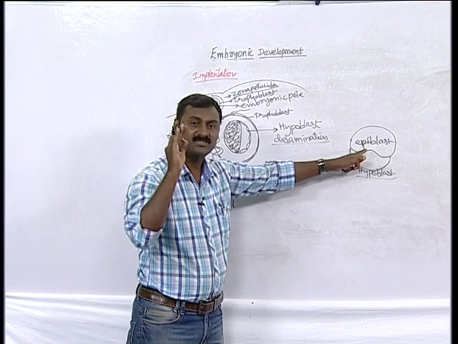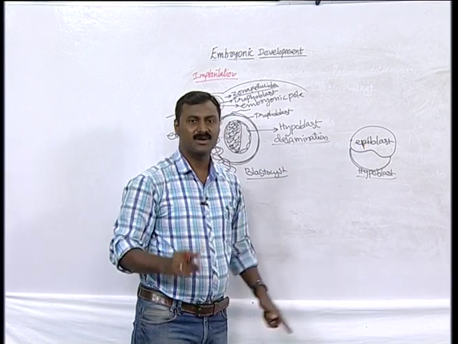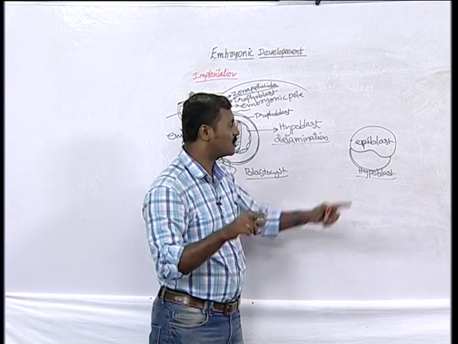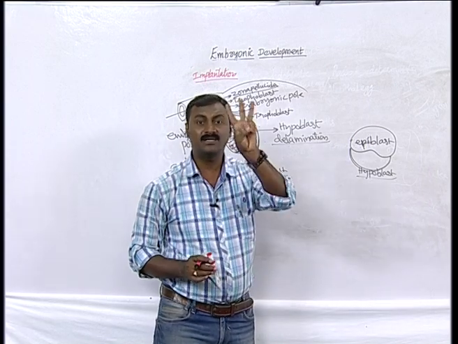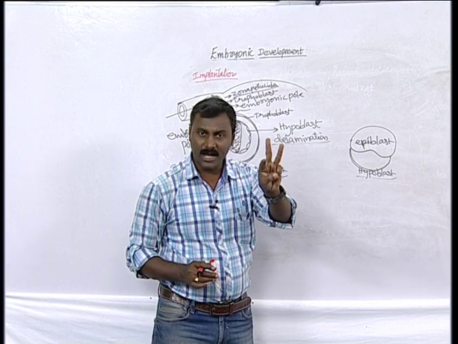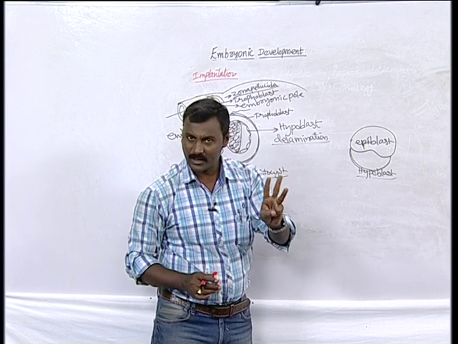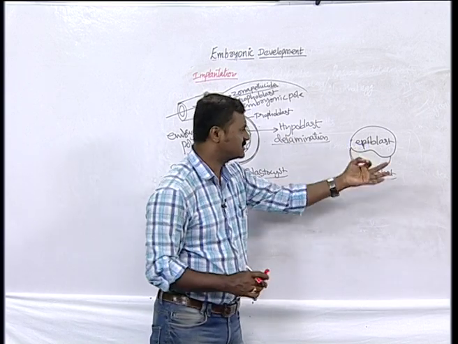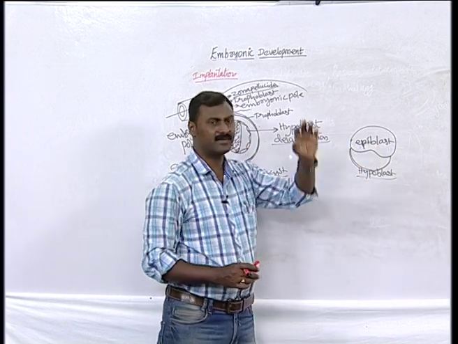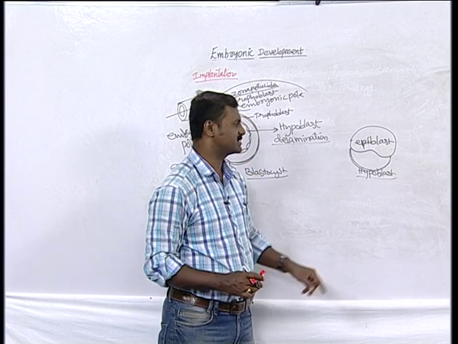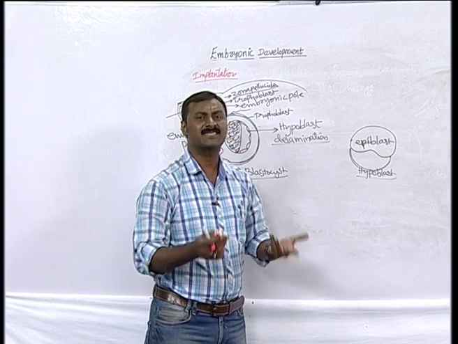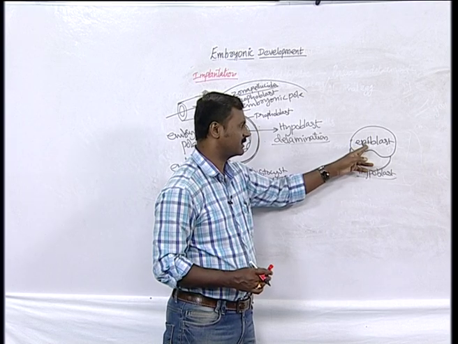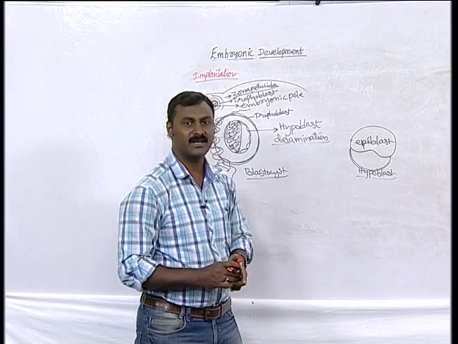This epiblast is very important, because from it the amnion layer will come, and also the three germinal layers: ectoderm, mesoderm, endoderm. A full-fledged embryonic formation can be observed from the epiblast. The hypoblast is only an extra endoderm layer and is not that important in embryonic development, but the epiblast is very important.